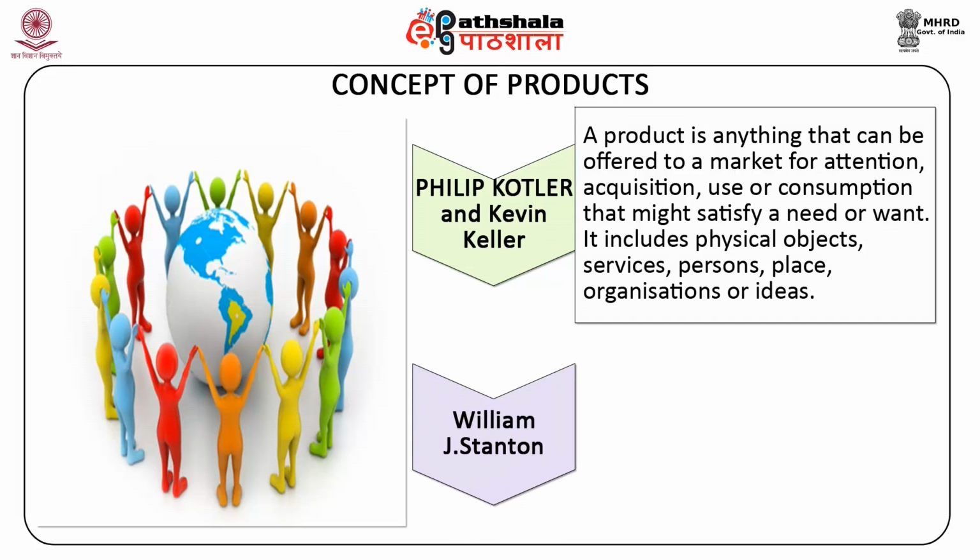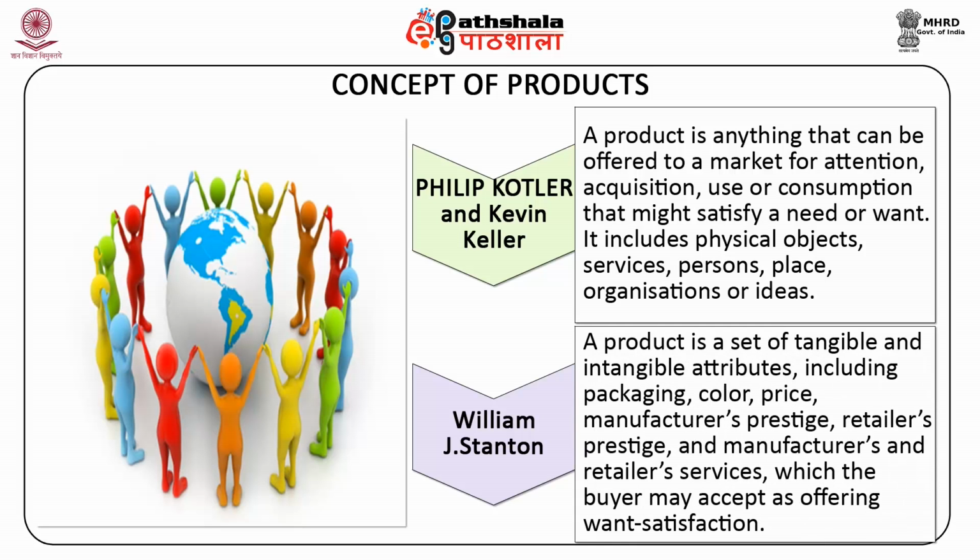According to William J. Stanton (1994), a product is a set of tangible and intangible attributes including packaging, color, price, manufacturer's prestige, retailer's prestige, and manufacturers' and retailers' services which the buyer may accept as offering want or satisfaction.